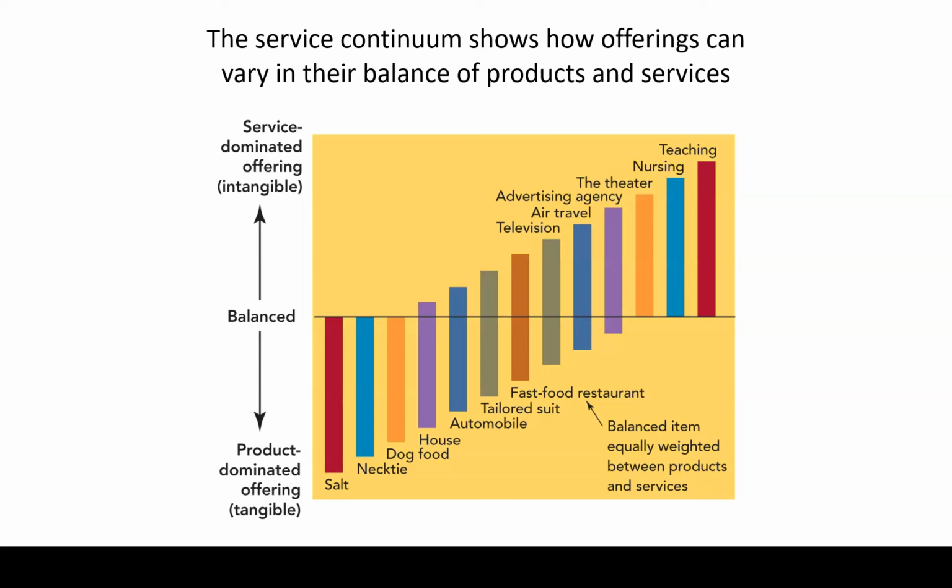It just depends how much the value is primarily based on the good itself, a service, or both. And so salt is obviously more prized for its material form, while in teaching, the primary value is on the learning, very intangible. So meanwhile, we have restaurants in the middle where the tangible good and service are pretty equally important.